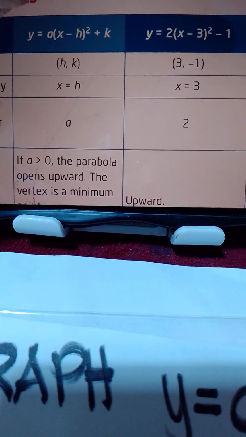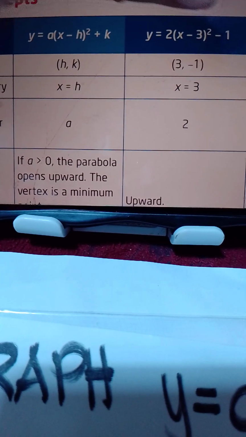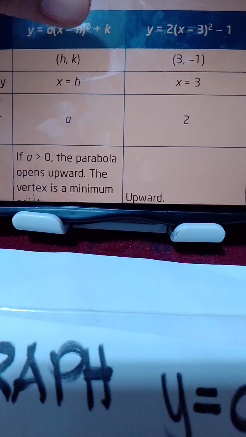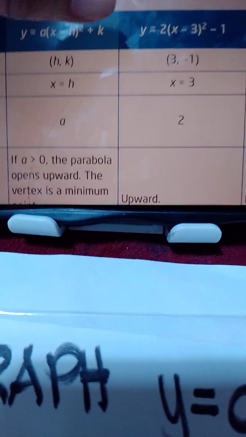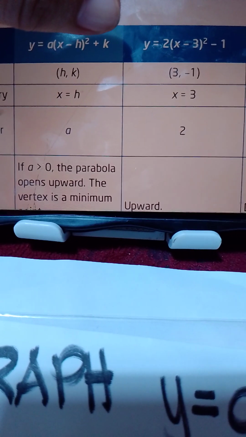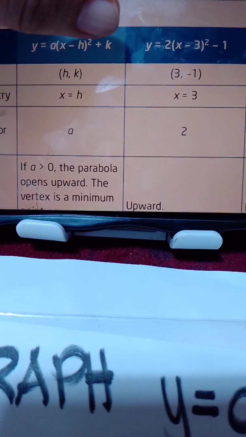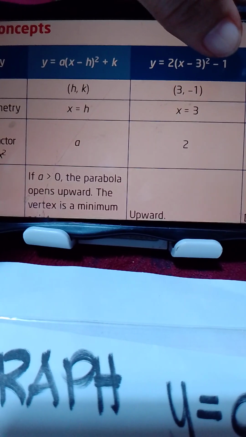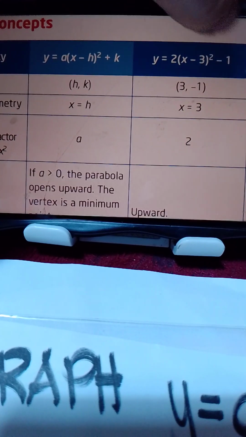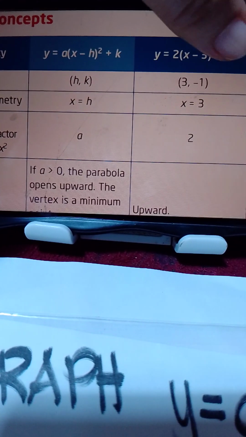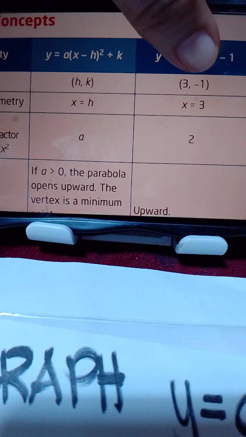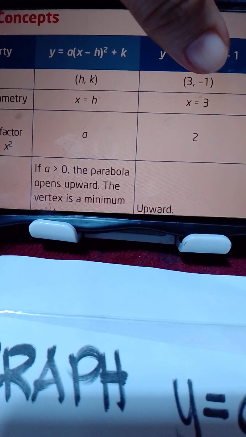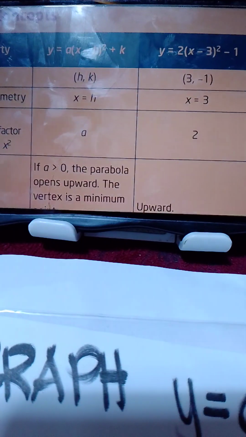While for our value of k, we will change the sign, since to get a positive k, the operation must be addition. But since the operation here is subtraction, we're going to copy the sign. So h is 3, then our k is negative 1.